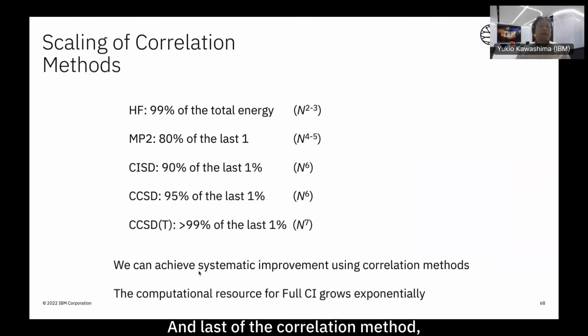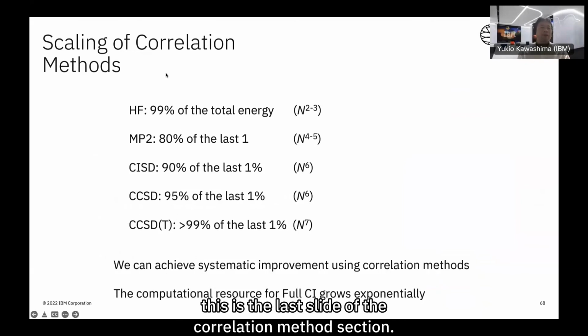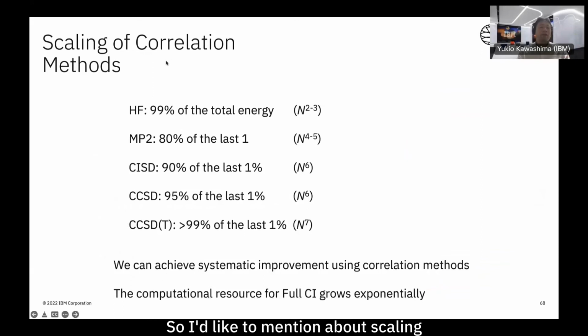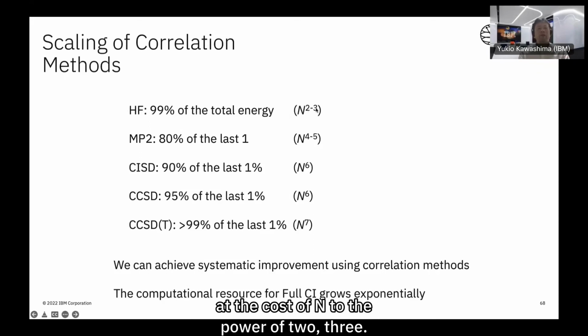And this is the last slide of the correlation method section, so I'd like to mention the scaling of the correlation methods. Hartree-Fock gets 99% of the total energy at the cost of n to the power of 2 or 3, where n is the system size. Then MP2 gains 80% of the last 1% in the order of n to the power of 4 to 5.